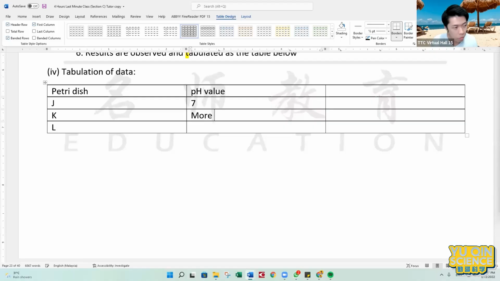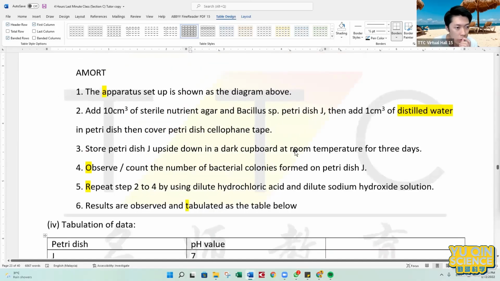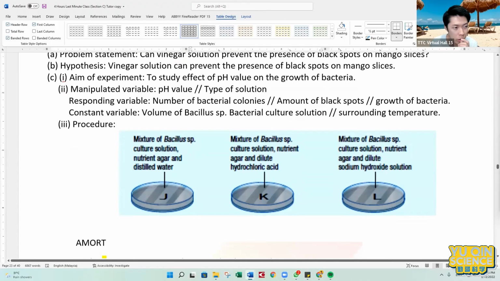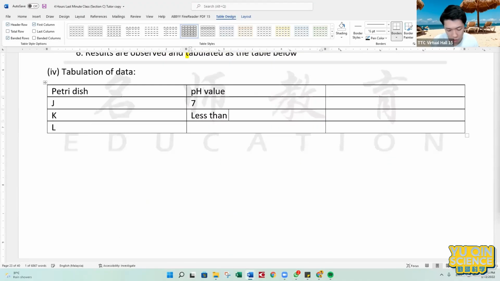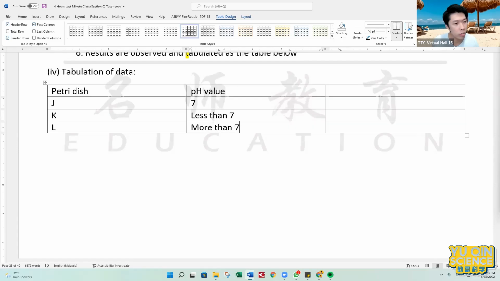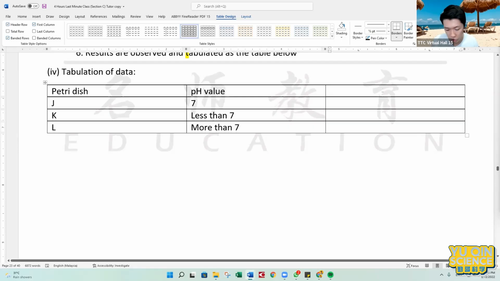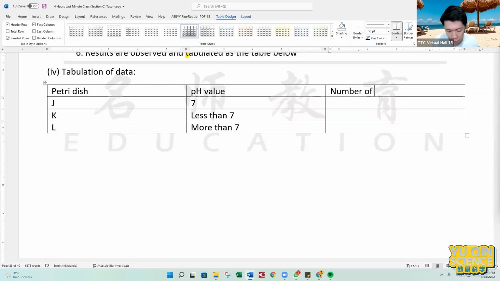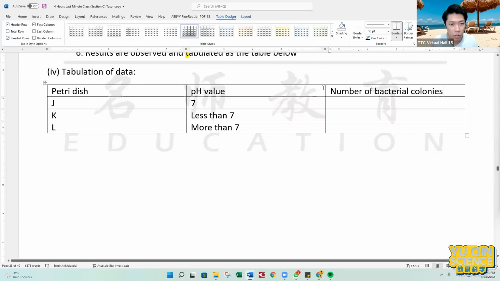What is K? Acid, less than 7, then this is more than 7. Number of bacterial colonies.